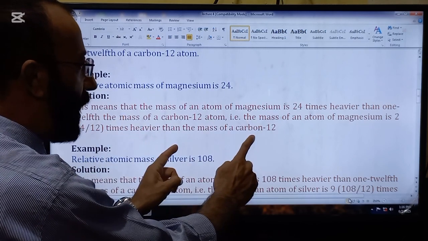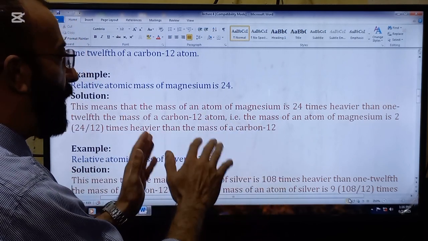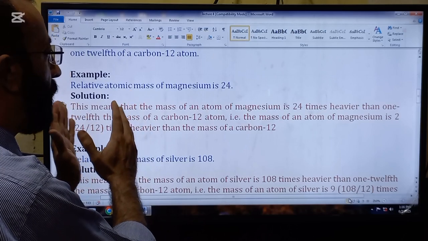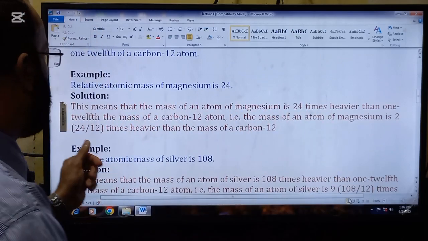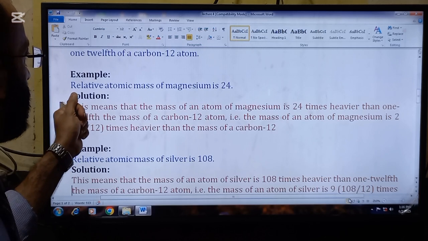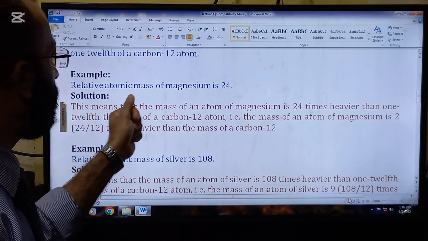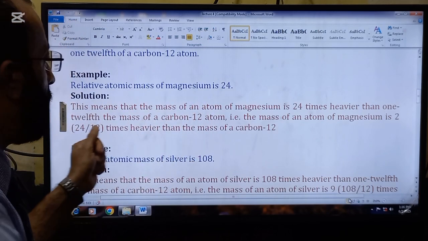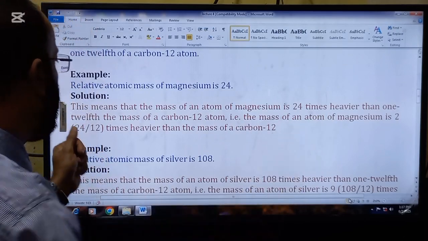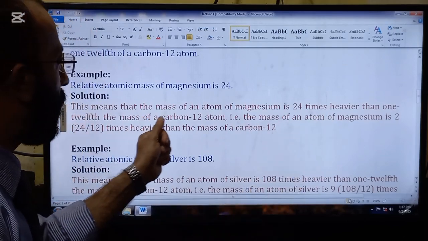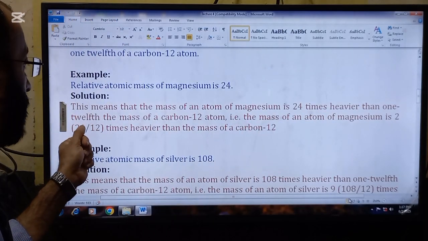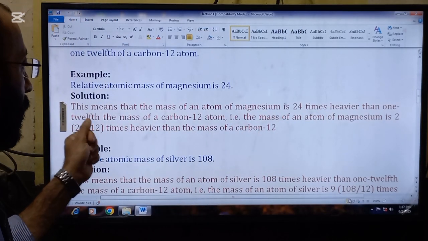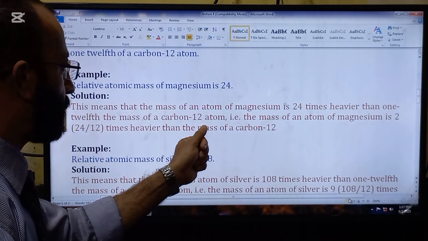So this is a line which you have to learn when you will compare the mass of an atom of any element with carbon-12. So you have to write down, if the question is relative atomic mass of magnesium is 24, then you have to give this line. This means that the mass of an atom of magnesium is 24 times heavier than 1/12 of the mass of the carbon-12 atom.